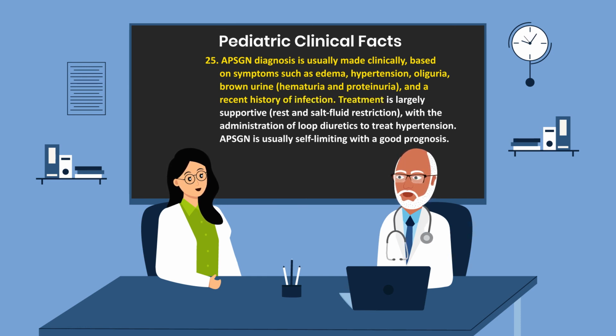Treatment is largely supportive, which would include rest and a salt and fluid restriction, with the administration of loop diuretics to treat hypertension. It is usually self-limiting with a good prognosis.